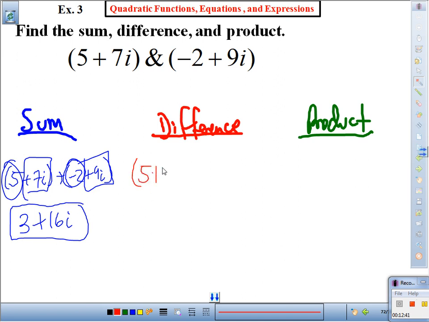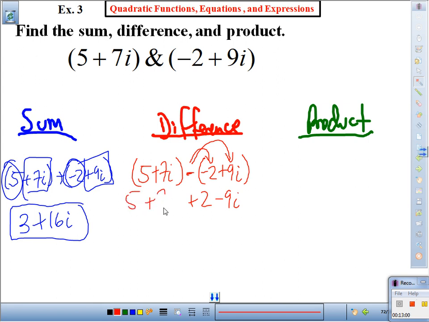Parentheses 5 plus 7i minus parentheses negative 2 plus 9i. Once again, what do we do first here, everyone? Distribute. So we're left with plus 2 minus 9i. Bring down the 5 plus 7i. Combine like terms. What is 5 plus 2? 7. What is 7i minus 9i? Negative 2i.